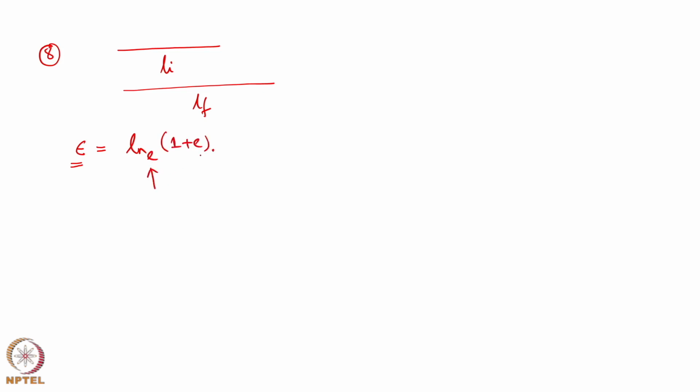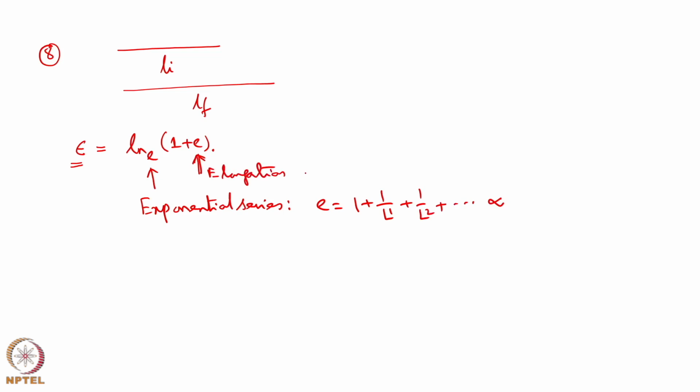Note that these two e's have different meaning. This e is the exponential series given by, whereas this e is elongation, already defined as length final minus length initial divided by length initial.